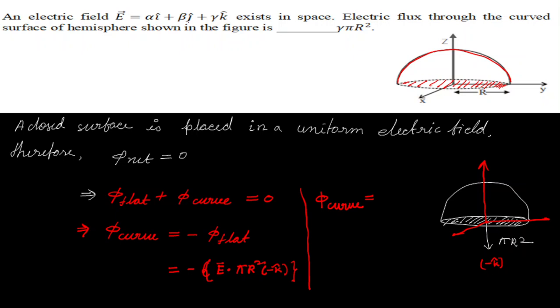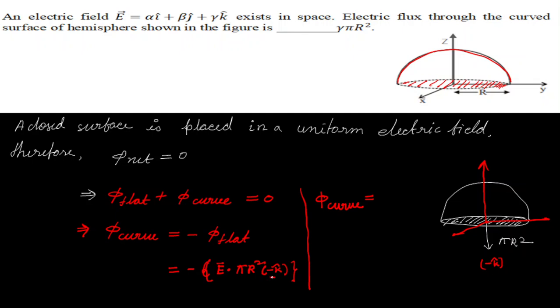The electric field is alpha i cap, beta j cap, and gamma k cap, and the area has only a k component. So the k component will give you 1, and the other terms will be 0. So we'll have gamma pi r square. Gamma pi r square will be the magnitude of the flux through the flat surface.